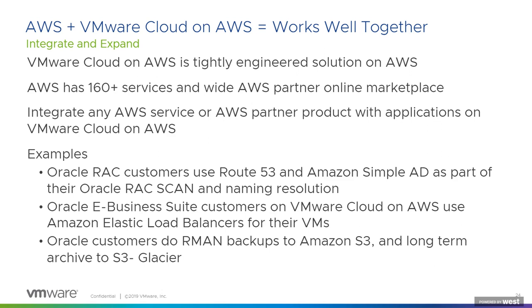Oracle E-Business Suite customers running on VMware Cloud on AWS use Elastic Load Balancers to load balance between two or three of their WebLogic clusters. And almost all the customers use RMAN backups. The way we have seen customers taking RMAN backups is they use Amazon S3 as the backup storage and S3 Glacier as the long-term archival storage for their RMAN backups.